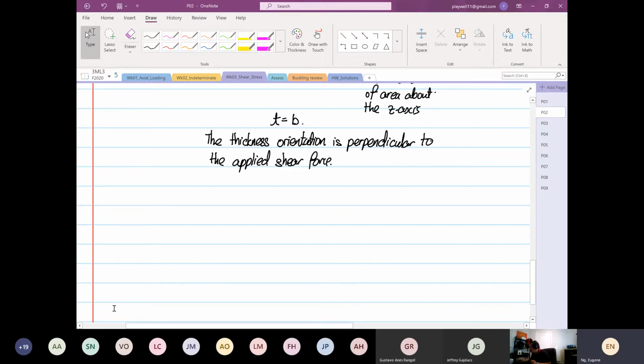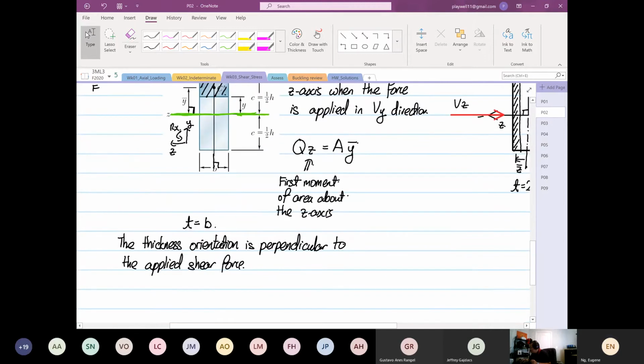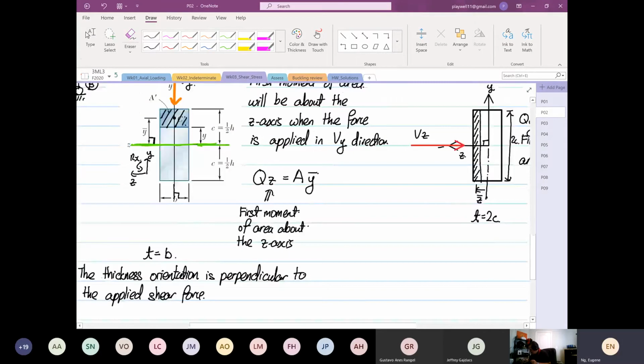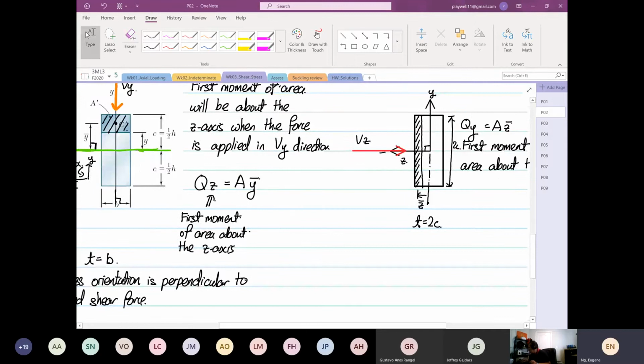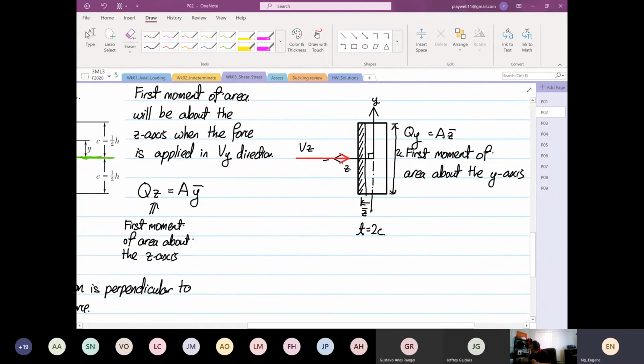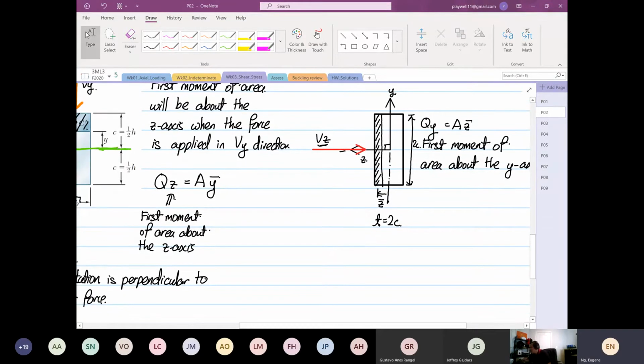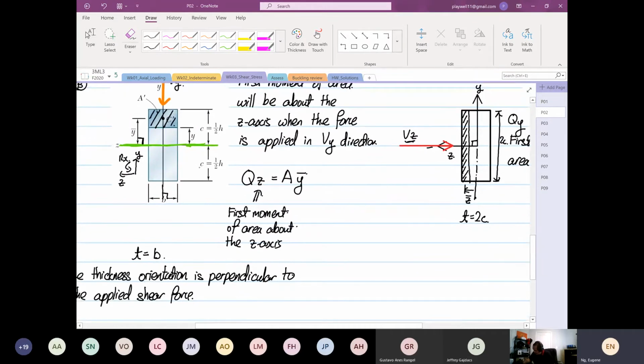Can you speak to me or no? 2c is the thickness, it's not height, depending on the orientation of your Vz, or on your applied force. Oh, 2c is equal to h. Yeah, you're right. So 1c over here, 2c equal to here, c is half of h. You're right.